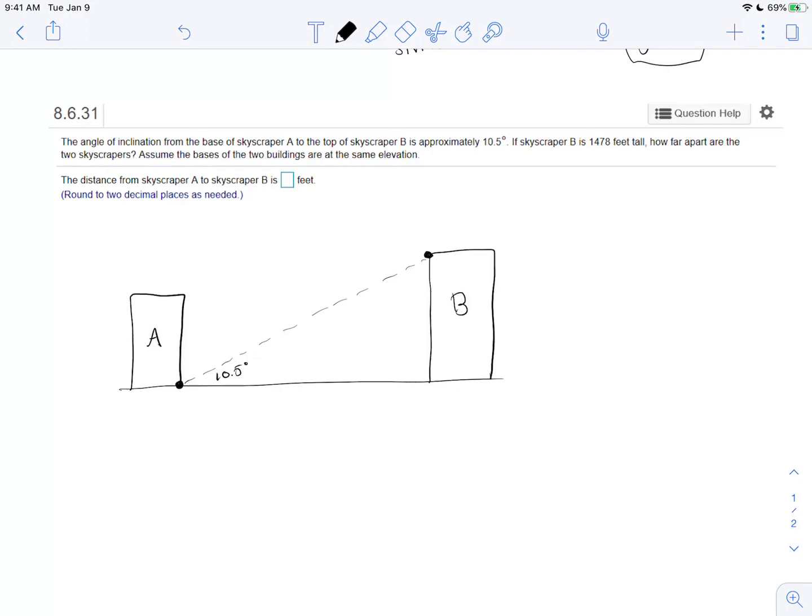Remember, angle of elevation is from horizontal, what you're looking up, okay? If skyscraper B is 1,478 feet, so 1,478, this is 90 degrees, right? We want to figure out how far apart these two buildings are, okay?